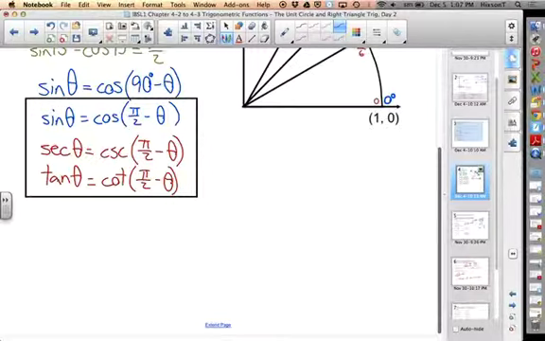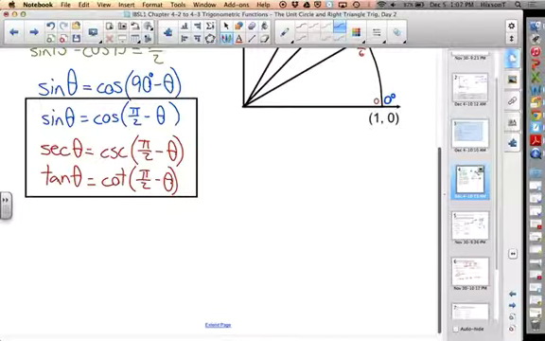You could also say cosine of theta equals sine of pi over 2 minus theta. Then this also works for secant and cosecant, and it works for tangent and cotangent. These are called the cofunction identities because they go together: sine, cosine, secant, cosecant, tangent, cotangent. So those are the three cofunction identities.